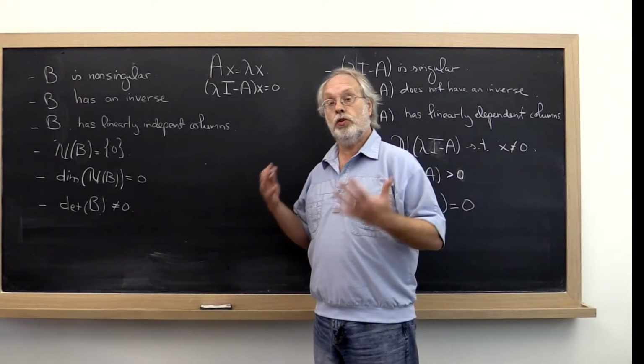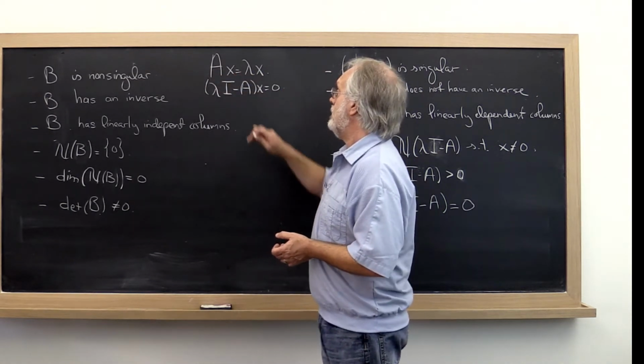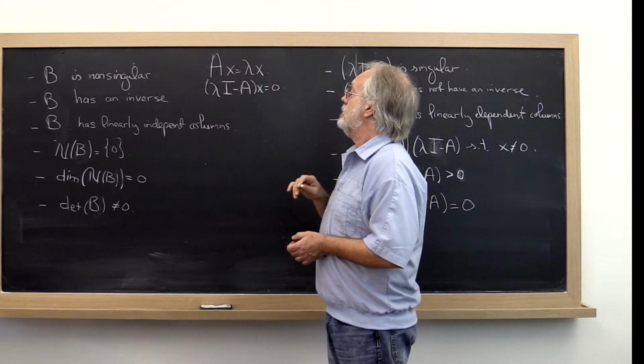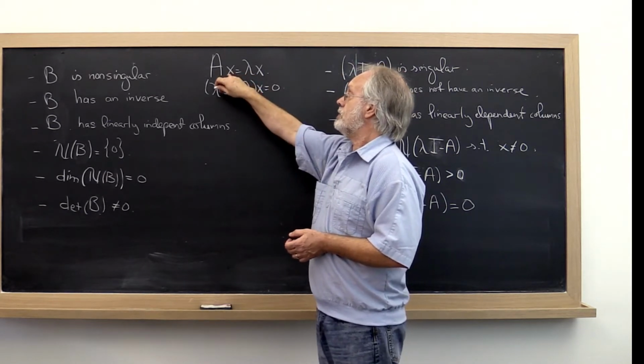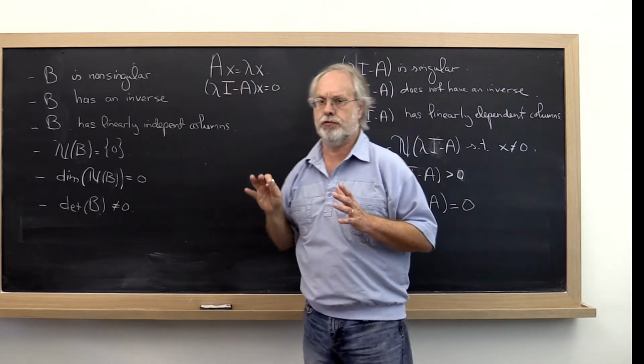So now we're going to look at Ax = λx, where the idea is that we're trying to find values λ for which there is a non-zero vector x such that A times x is equal to λx. Now let's think about that for a second.